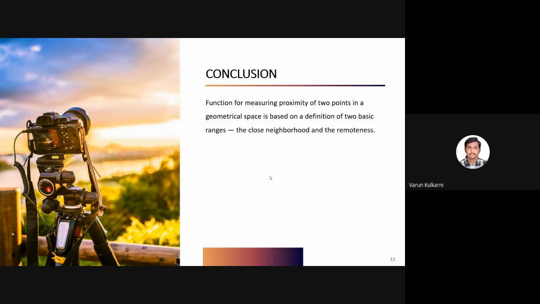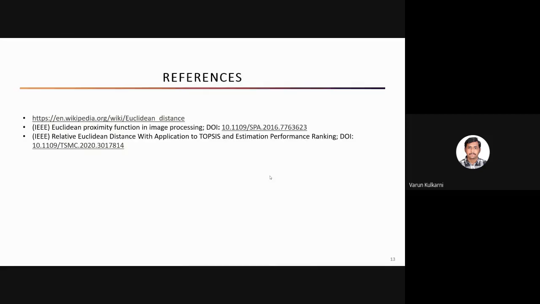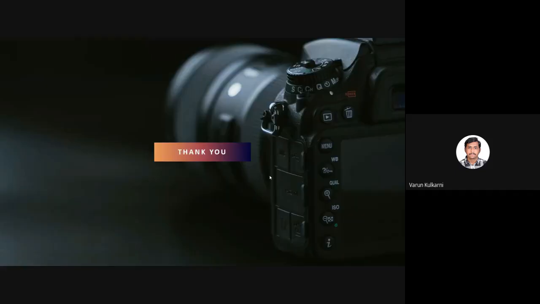It ranges from 0 to 1 if they are neighbors, 0 if it is the farthest, and 1 if it is the closest. Using this, we can detect edges, sharpen, add filters, blur the image, and so on. So this is about the proximity function and Euclidean distance. I have taken some references from Wikipedia and IEEE papers. Thank you.